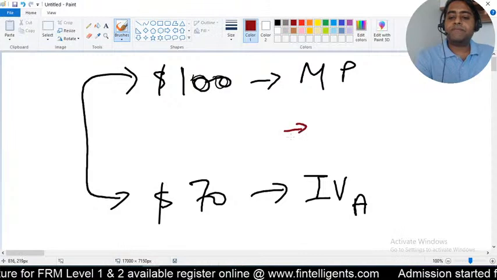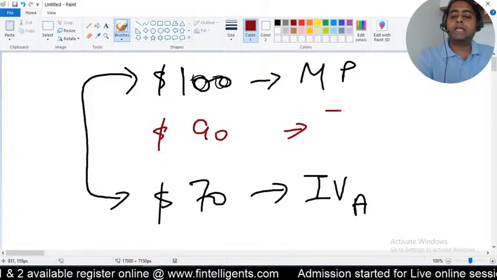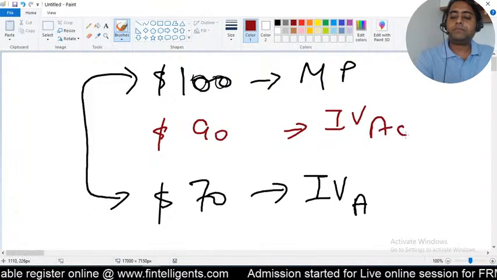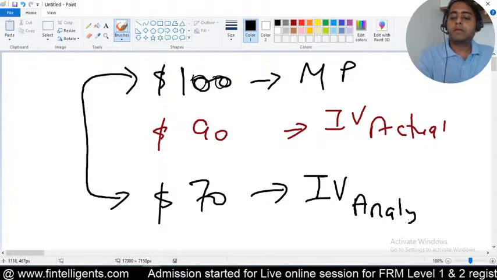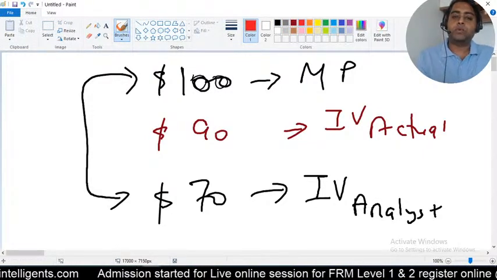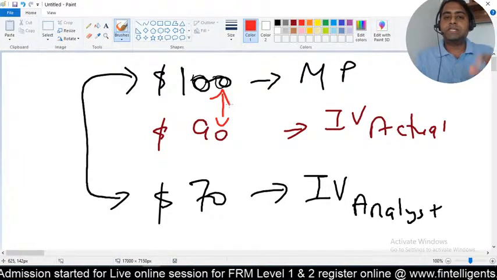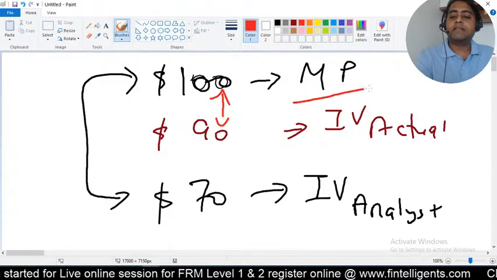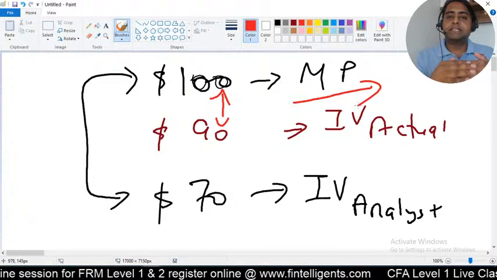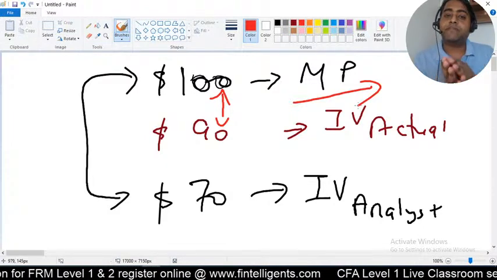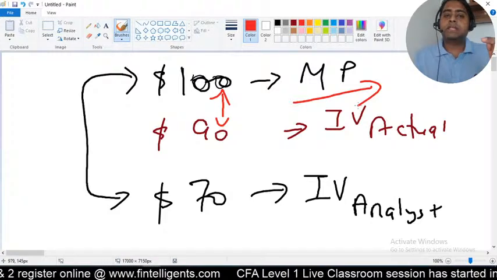Suppose, taking a hypothetical number, $90 is the actual intrinsic value. Then this part, which was the major issue, this was the actual mispricing. With that, $90 is the actual intrinsic value of that asset, taking into consideration all the factors, and $100 is the market price.